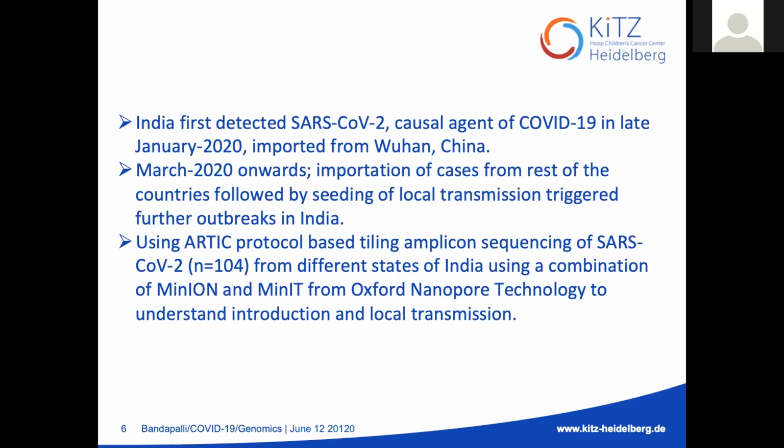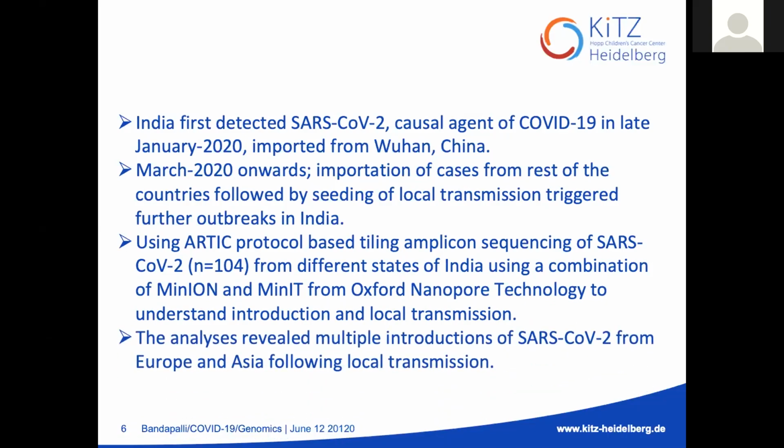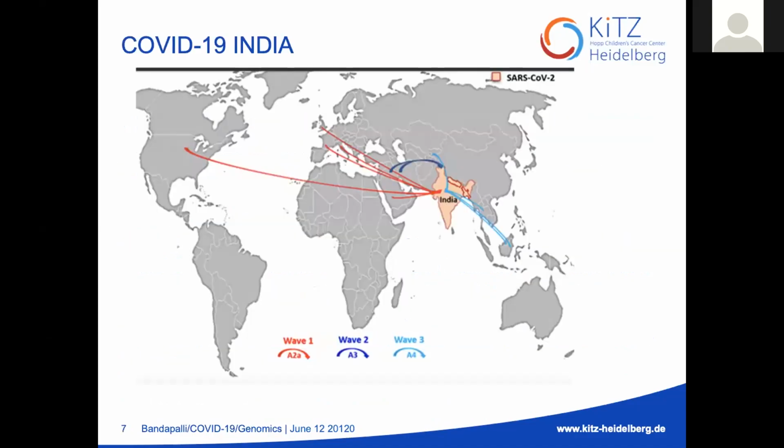In this analysis, they analyzed, as I told, 104 patients from different parts of India, and they tried to understand the introduction and how the local transmission worked. From their analysis, they have shown that there were multiple introductions, as we know from the news also. They have shown it scientifically, that it arrived from Europe and Asia, followed by local transmissions.